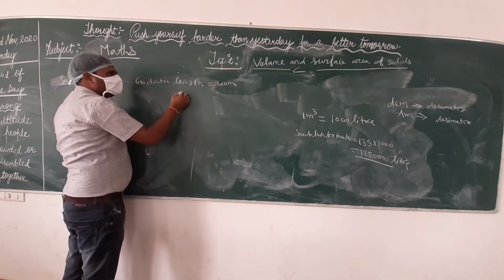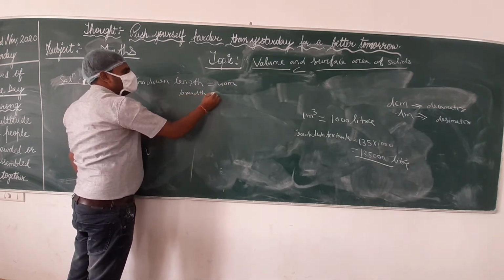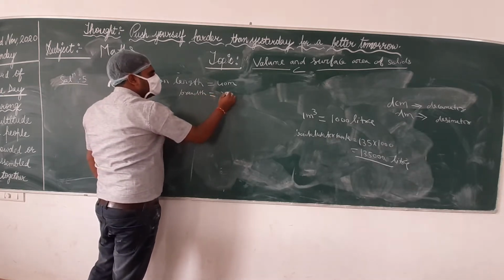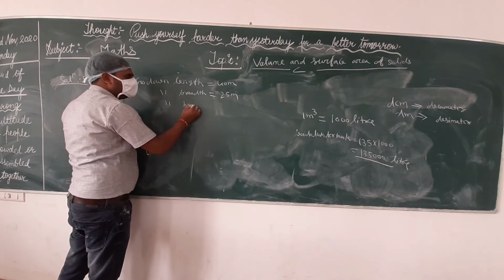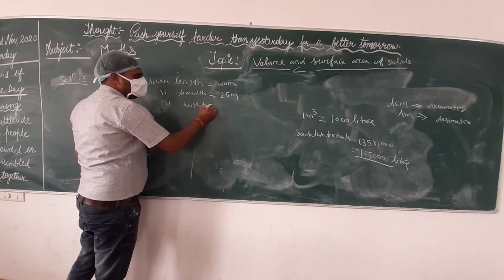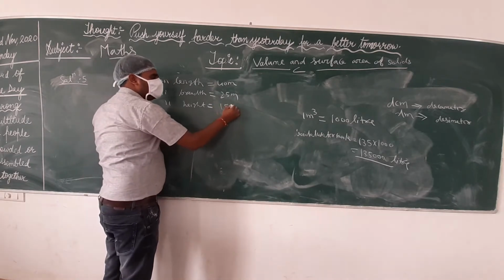Godown breadth given 25 meter. And godown height given equal to 15 meter.